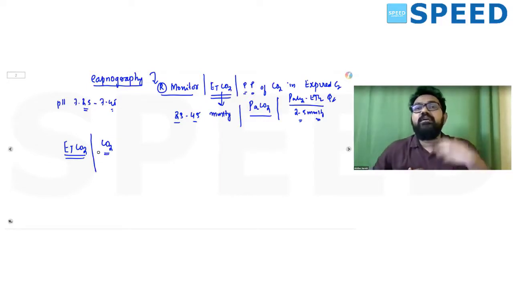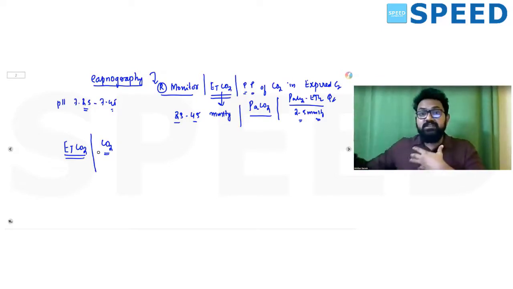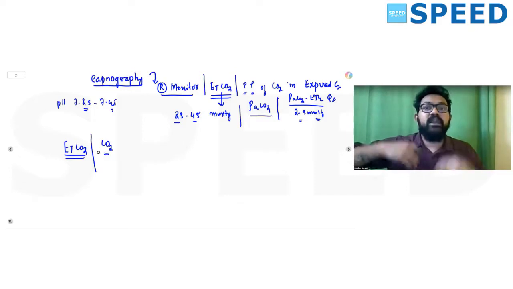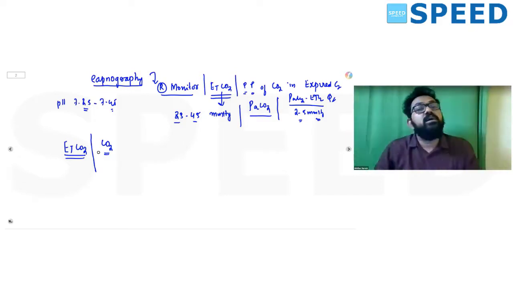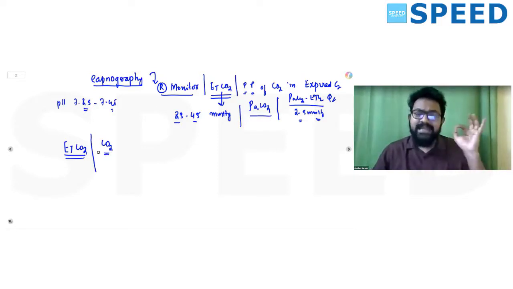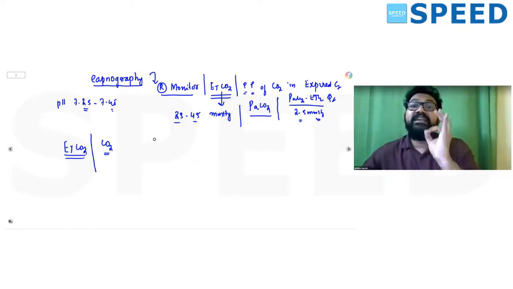How do you think carbon dioxide is eliminated from the body? The carbon dioxide produced in the tissues will eventually reach your pulmonary circulation, and from there, with the help of respiration, the carbon dioxide is going to come out. So carbon dioxide is eliminated by your respiratory system. And that function of the respiratory system by which carbon dioxide is eliminated is what is called ventilation.